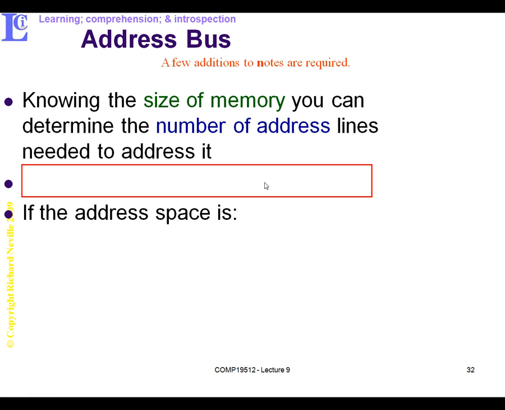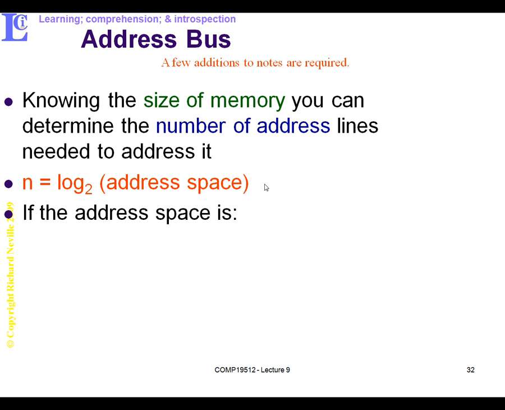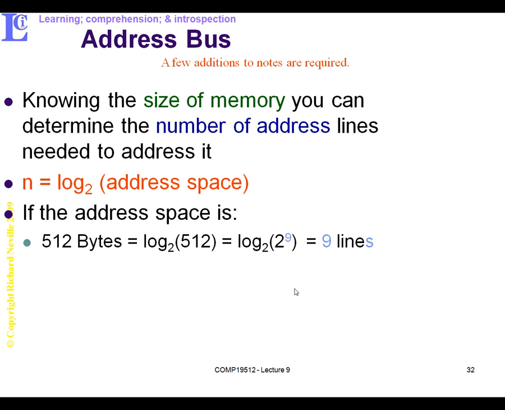So that is n equals log to the base 2 of the address space. Let's give you some examples and explain what this equation does. If we have 512 bytes, how many address lines do we need to address that size of memory?